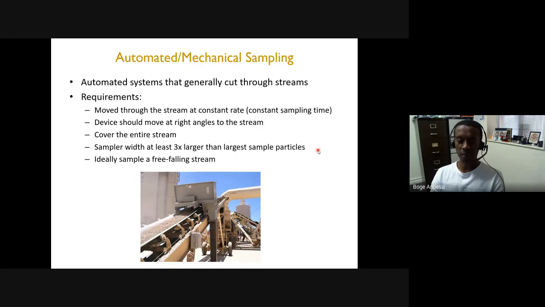So usually it's either a belt, or a free-falling stream, or it is in a pipe. Typically, that's how we transport material in a mineral processing plant. So in each of those cases, cutting the entire stream will be a requirement, and maybe making regular cuts is a requirement.